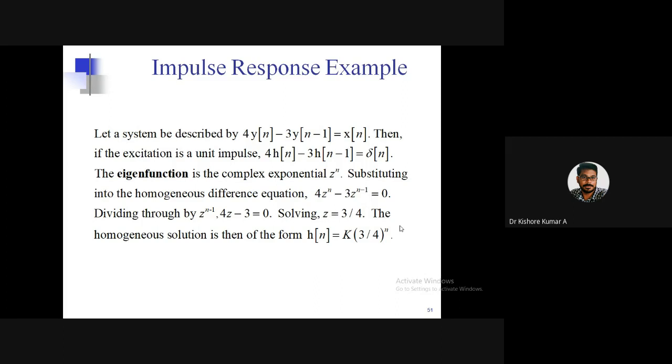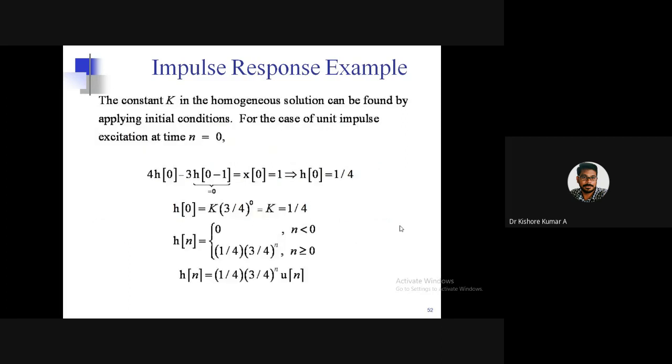Again we have to calculate the eigenfunction. If we solve, we get z equal to 3 by 4. Therefore you can get the homogeneous solution in the form h of n is equal to k times (3/4) to the power n. And the same example is given here.